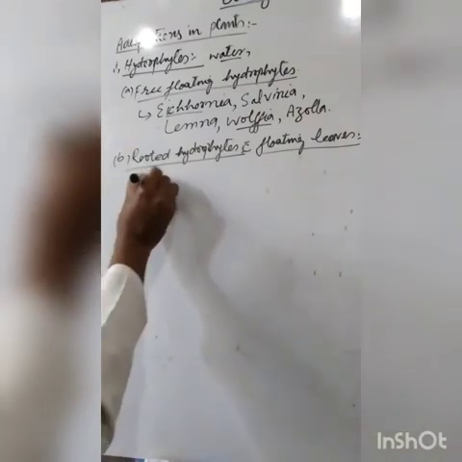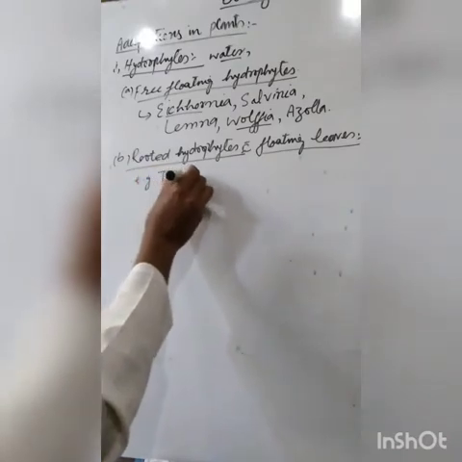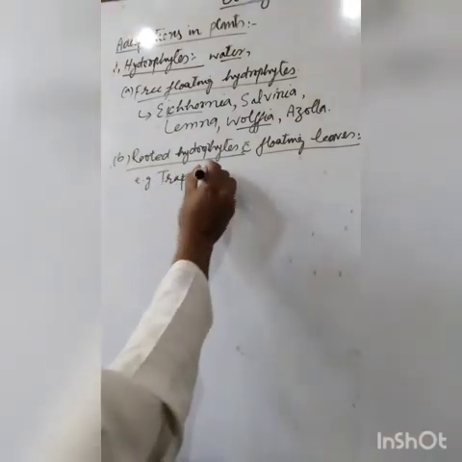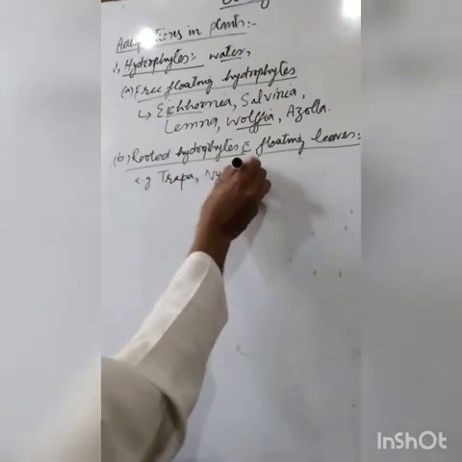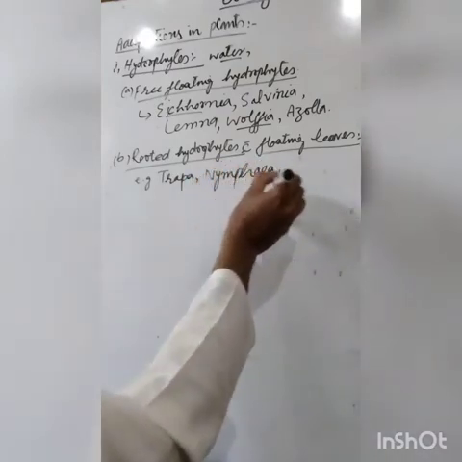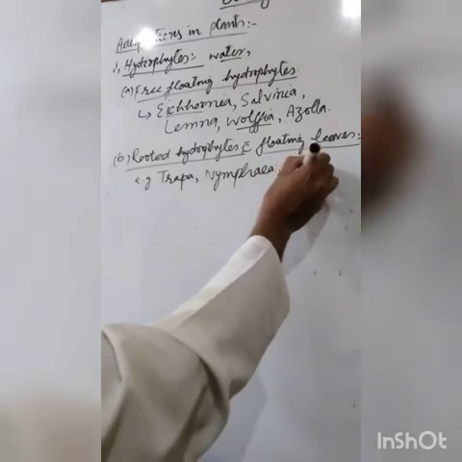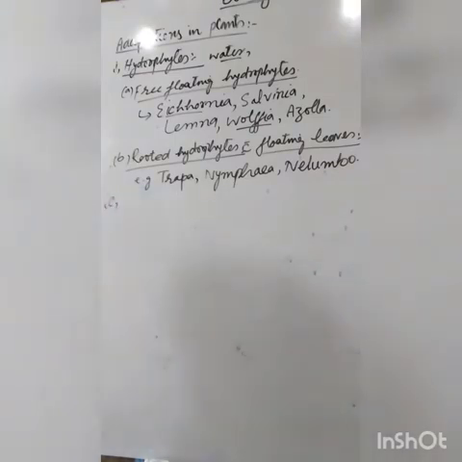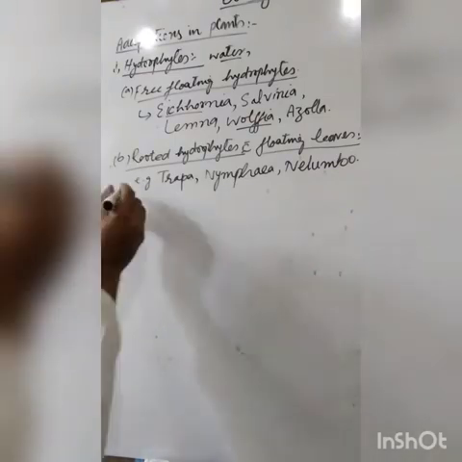There is one that is called Trapa. You know it, singhara, as it is called in Urdu. There is Nymphaea and another is Nelumbo. You know it, lotus.